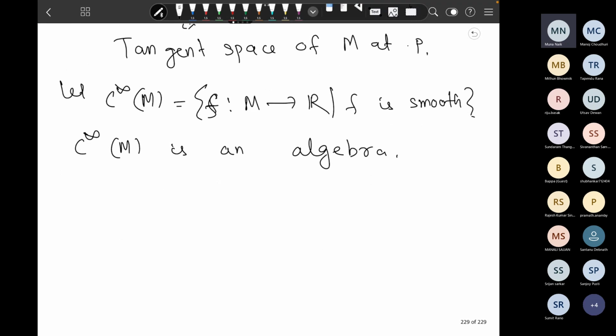Now the thing is we will put F equal to C infinity M. This is just for notational convenience.